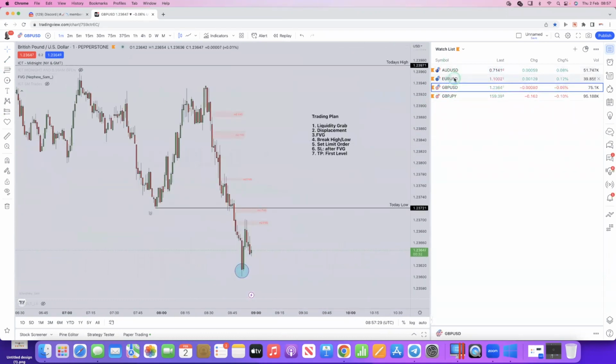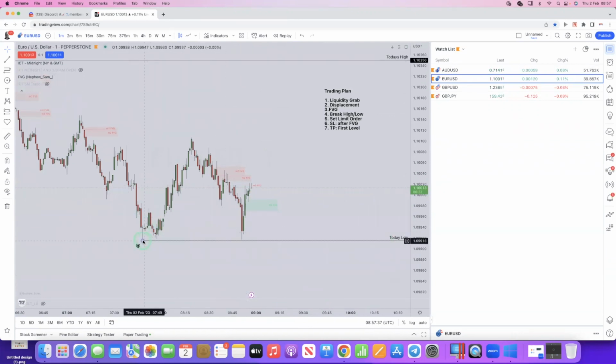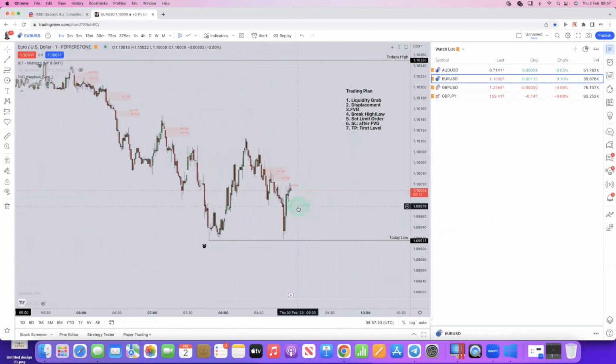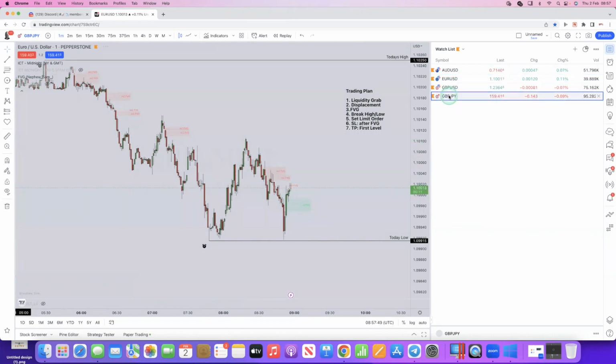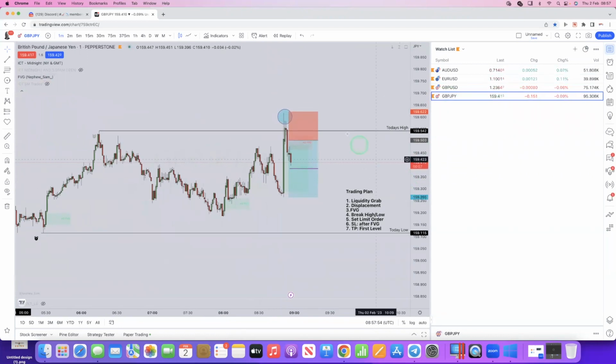Still no movement. This is a shame, because this is a beautiful fair value gap, to be fair. But again, I need a liquidity grab taken from here, and it hasn't done that. So, like I say, we could get an entry and then it may take off to come up to these higher bits to give a nice 1 to 2, but it doesn't meet the criteria of entry, if that makes sense.